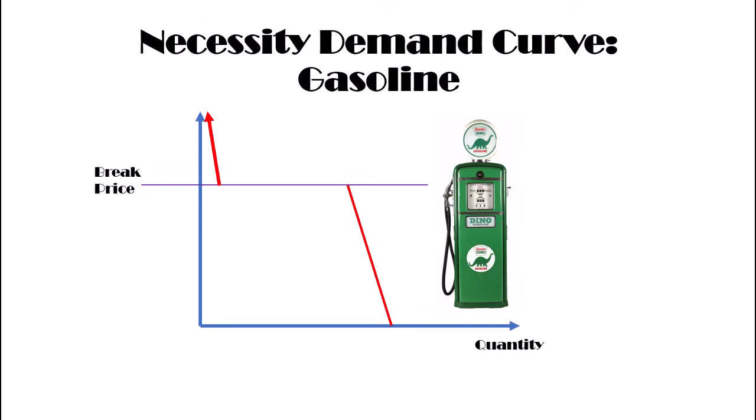Above a certain price, it's just not worth driving at all. And so that's when you start to see people materially change their driving habits. It might not be complete zero, but it's a drastic shift in the curve that is not super gradual like a normal curve, but instead is sudden.